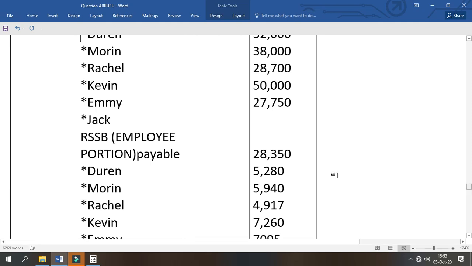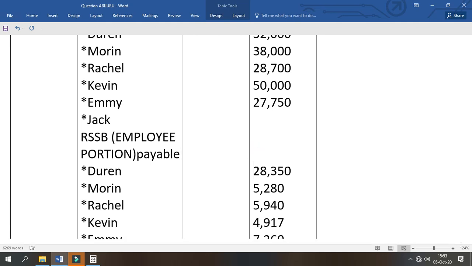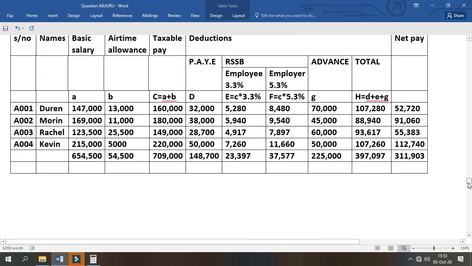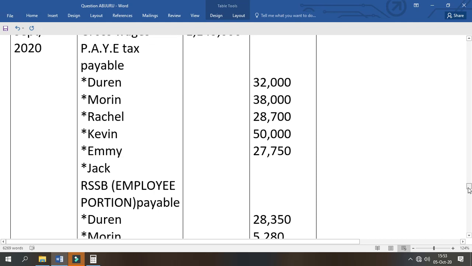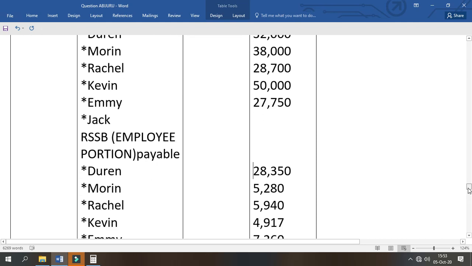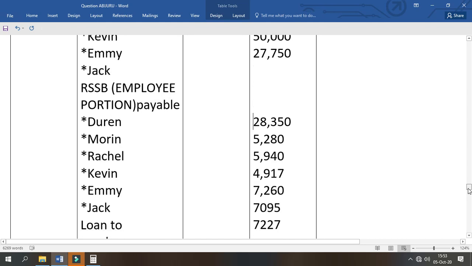So for Dylan, the employee portion contribution in Rwanda Social Security Board is equal to 5,280.